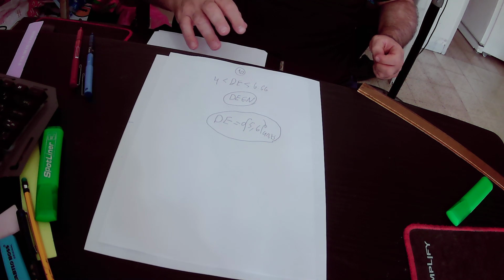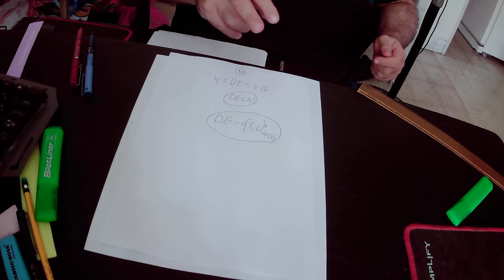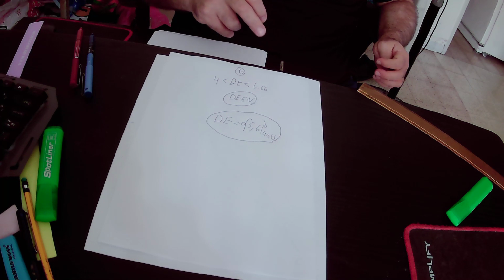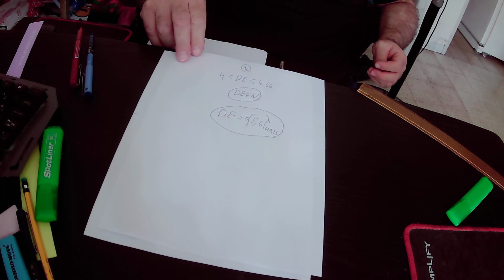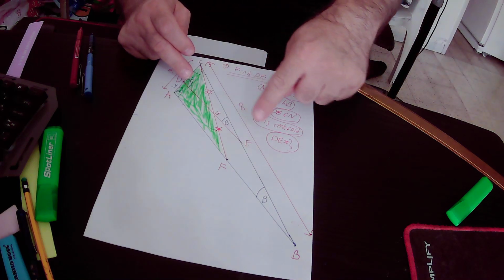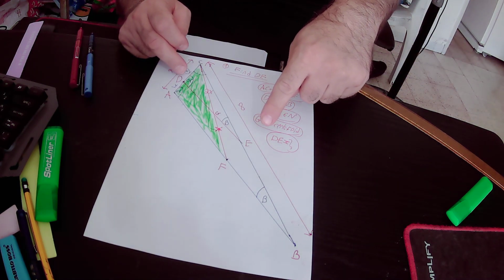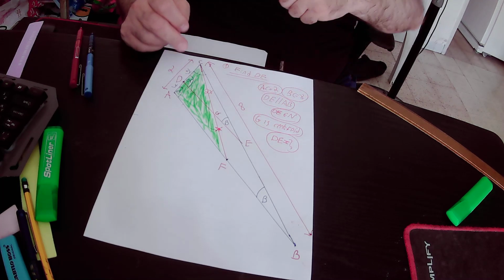Actually, we have only two natural numbers that satisfy this requirement, and the natural numbers are 5 and 6. So the final answer to the question is that the size of DE is either 5 units or 6 units. Okay? Thank you very much.